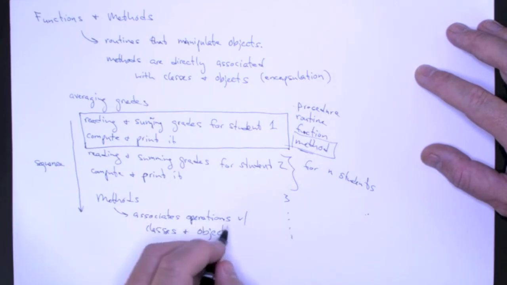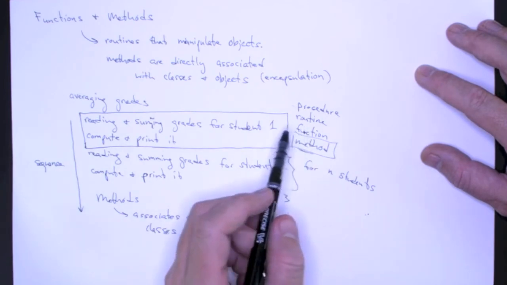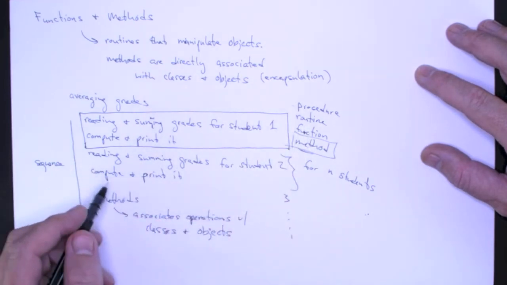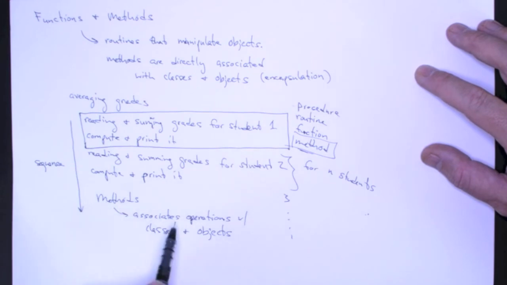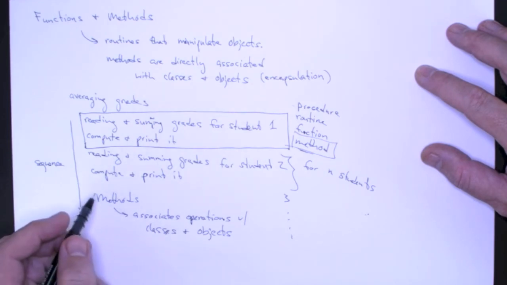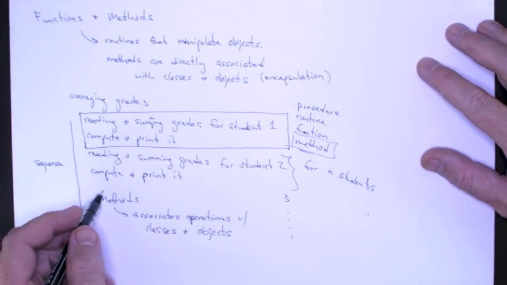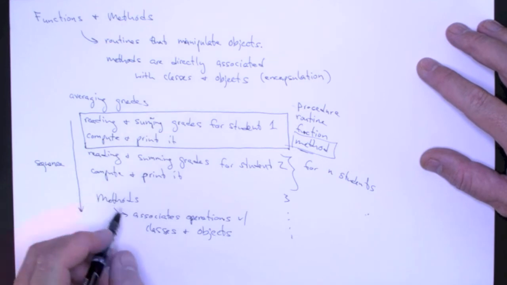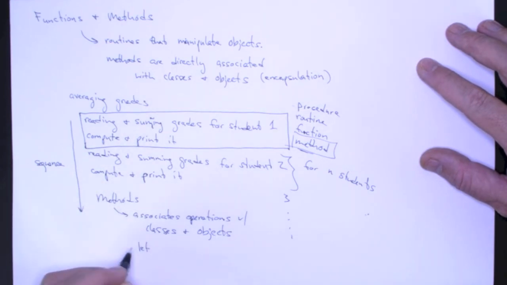In some languages, for example in C and imperative languages, methods are not really associated in quite the same way with the objects that they manipulate. And they're the main way that we manipulate objects.